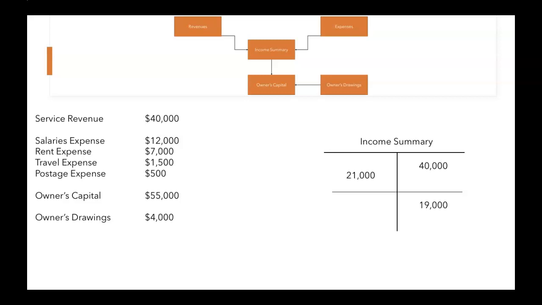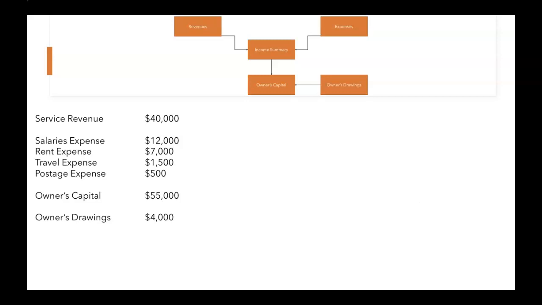To close an account that has a credit balance, we need to debit that account, right? So we will be debiting Income Summary $19,000. Now where do we close Income Summary to? To Owner's Capital. So we credit Owner's Capital $19,000.